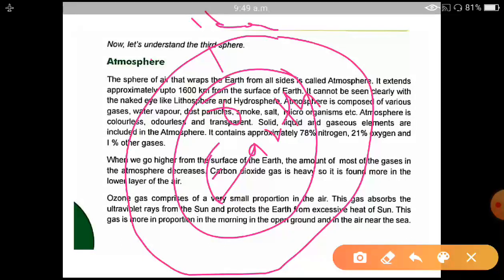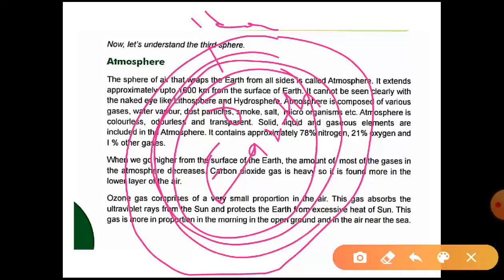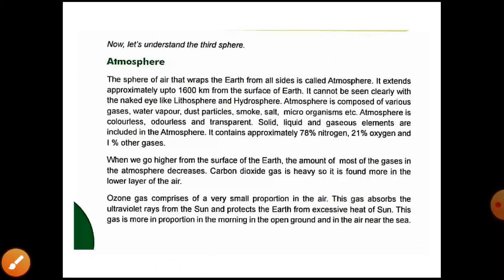This one layer which surrounds the earth is known as the atmosphere. It extends approximately up to 1600 kilometers from the surface of the earth.